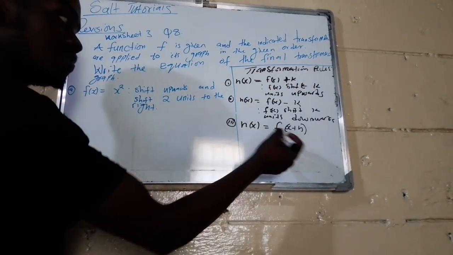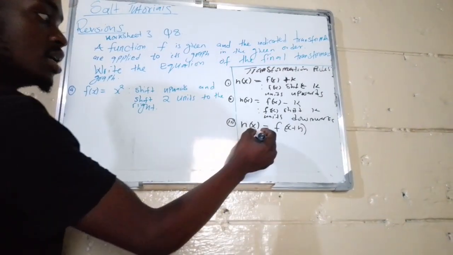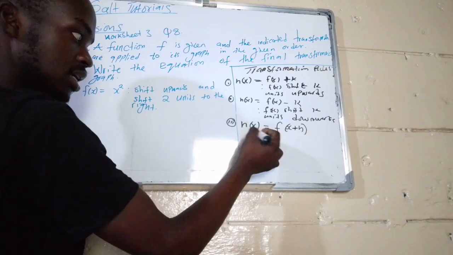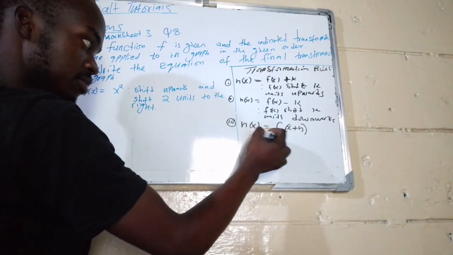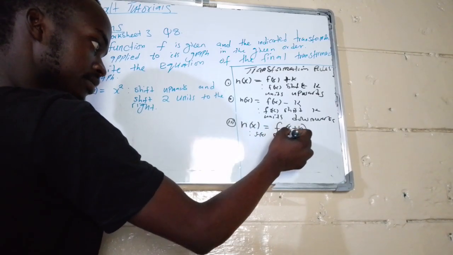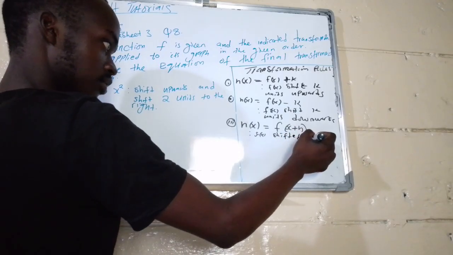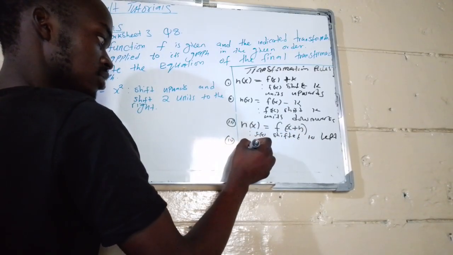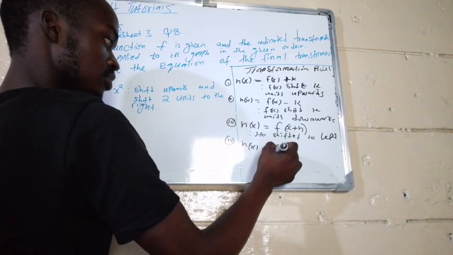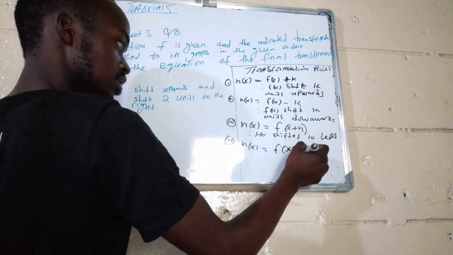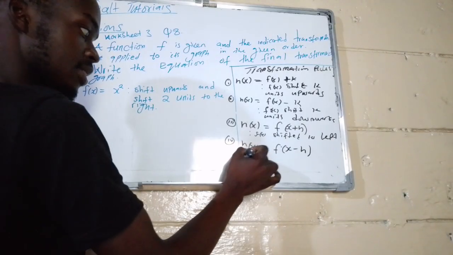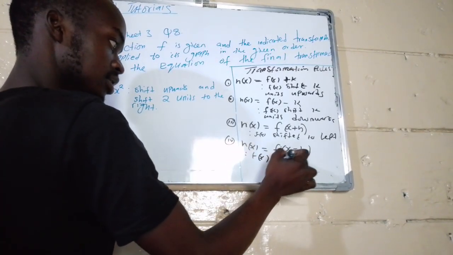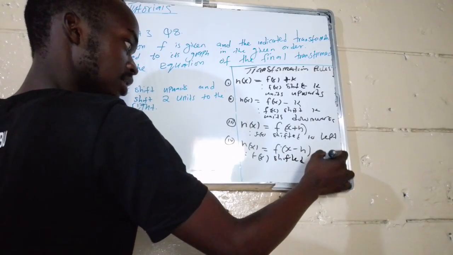Inside the function, this is talking about a left and right shift. If it is plus, f of x is being shifted to the left. If it is h of x equals f of x minus h, this is an indication that f of x is shifted to the right.